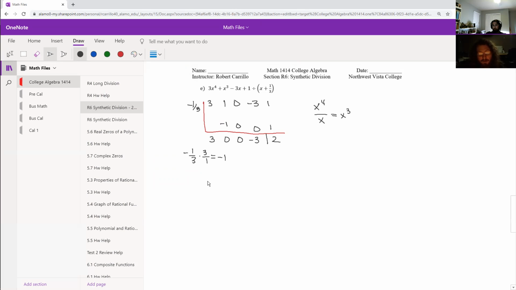So we will get 3x cubed minus 3, because this would be cubed, second, first, 0 power, minus 3. And then we have a plus 2 divided by the quantity x plus 1/3. That's it.